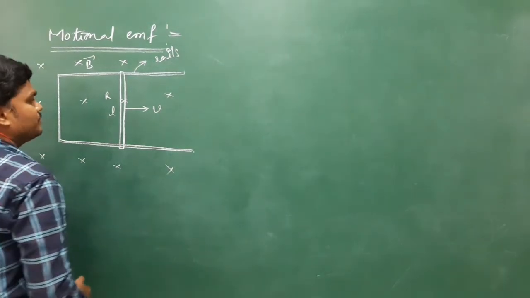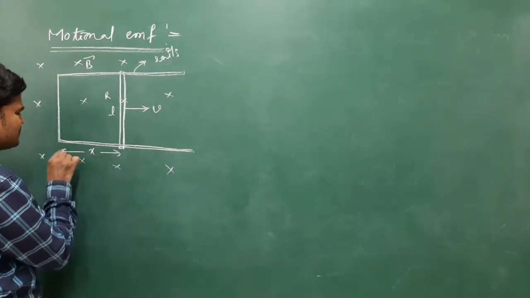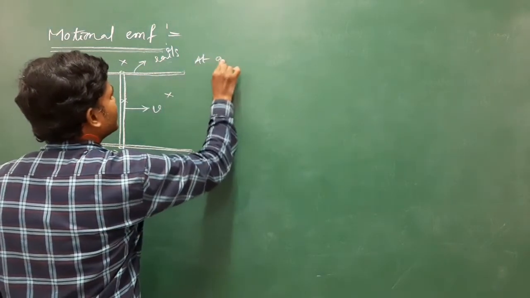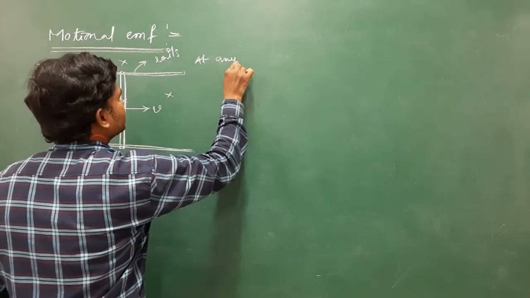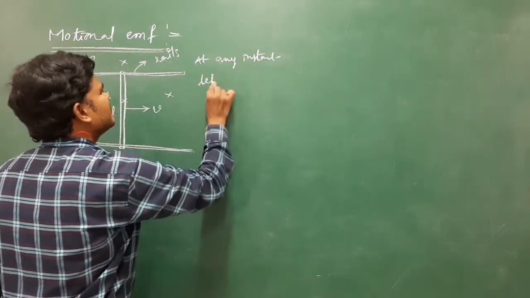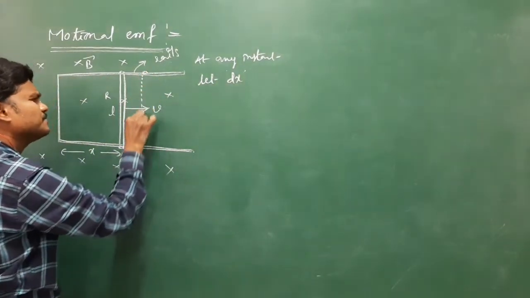Okay, so let us suppose this rod is at a distance of some x at any instant. After some time, let dx be the distance moved by the rod.